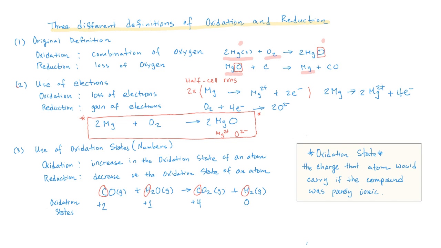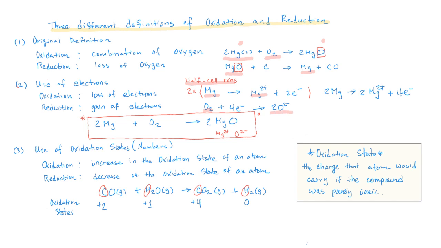We can split this reaction into two half-cell reactions, each of which involves a reactant substance, magnesium and oxygen. So in the case of magnesium, it is becoming magnesium 2+. On the other hand, the oxygen molecule will turn into 2- oxide anions.